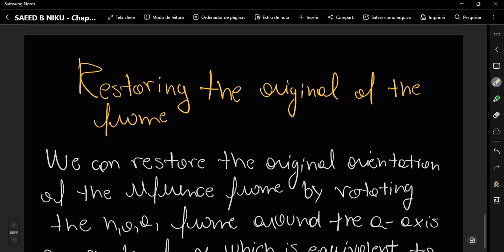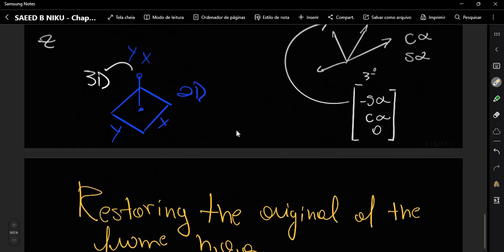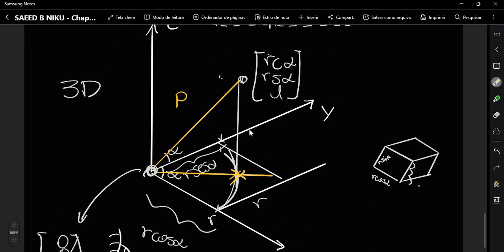And let's say that is the frame NOA, which is the frame of the end effector, the E frame.